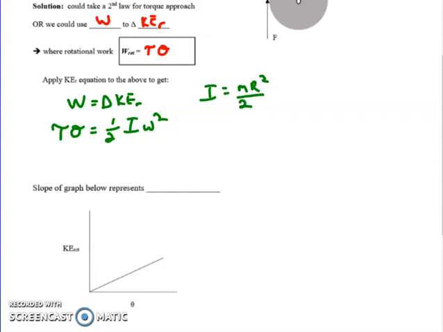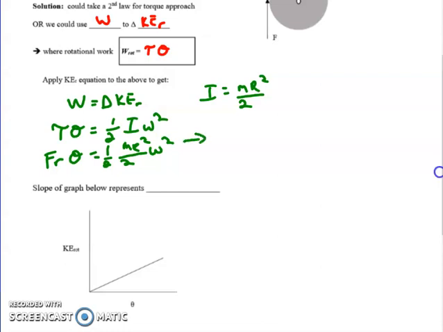So it should be less than that of a hoop. And torque is F times R. So we can say F R times theta, where theta is going to be 1 revolution, is going to equal 1/2 mr squared over 2 times omega squared.